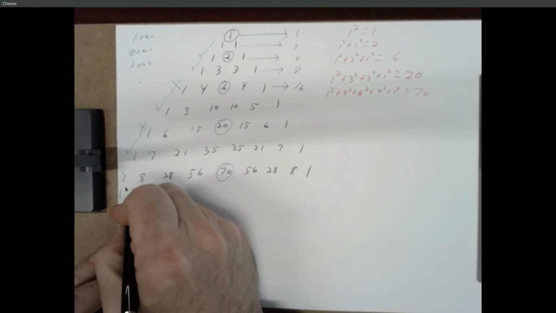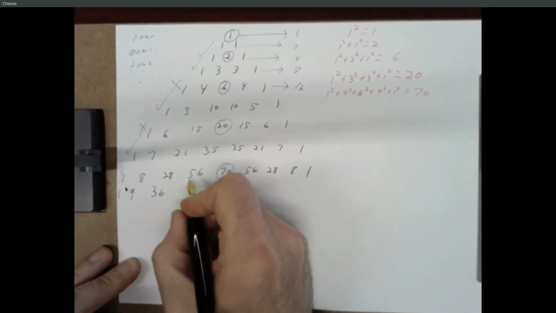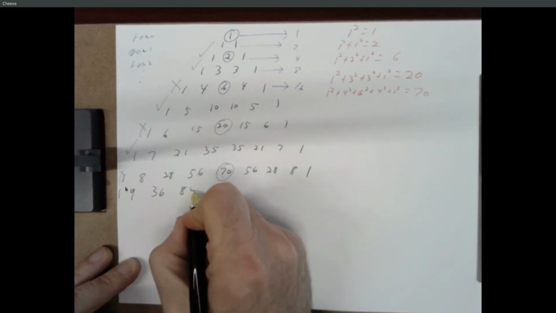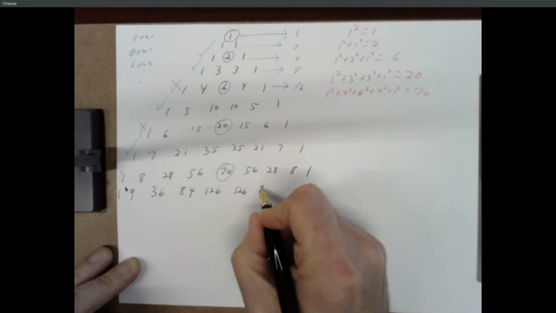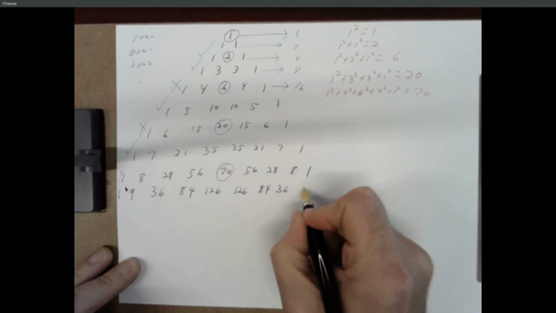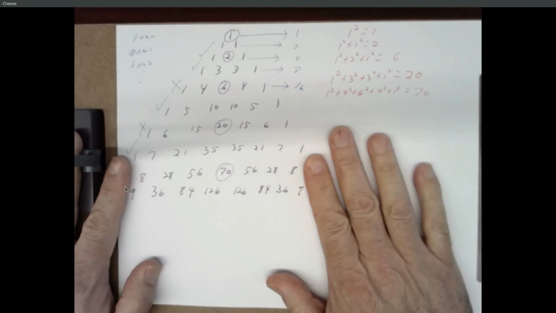So we'll go with 1, 9, 36, 84, 126, 126, 84, 36, 9, 1. All multiples of 9? Yes. No. Yes or no? It's one of those. 84 is not. Yeah, 84 is not divisible by 9.